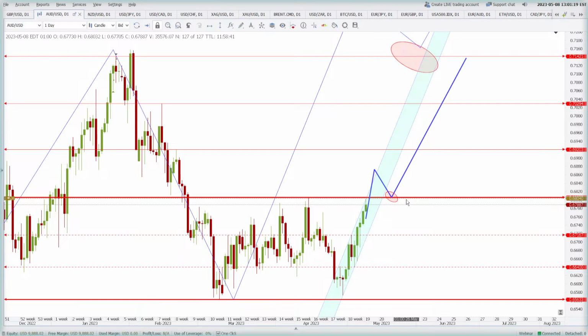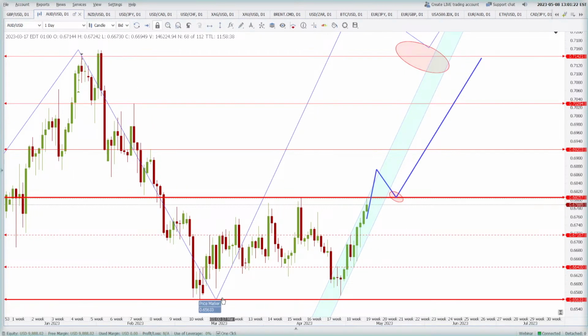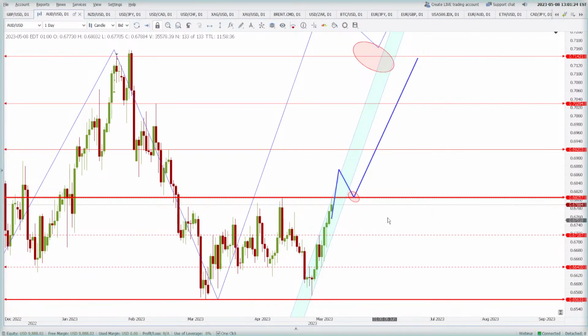Now that's a problem. If it fails, that means it is going to be churning like this, and maybe it will pull back towards the 0.6716 area and then push again to the upside. This is possible, which is very good for us. But had it broken higher than 0.6805 today, even by 5 or 10 pips, we would have known that the structure of the market has changed.